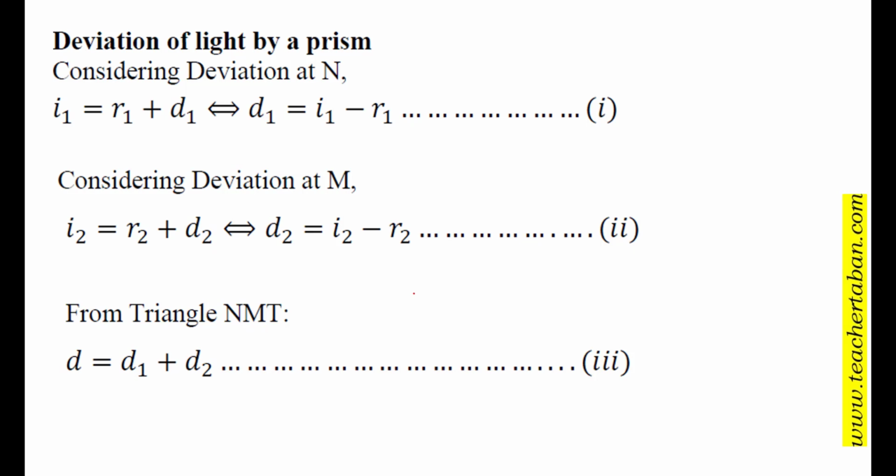It is coming from this, that if this is our total angle of deviation, this is D1, this is D2, the two interior angles equal the one exterior angle. So D is equal to D1 plus D2.